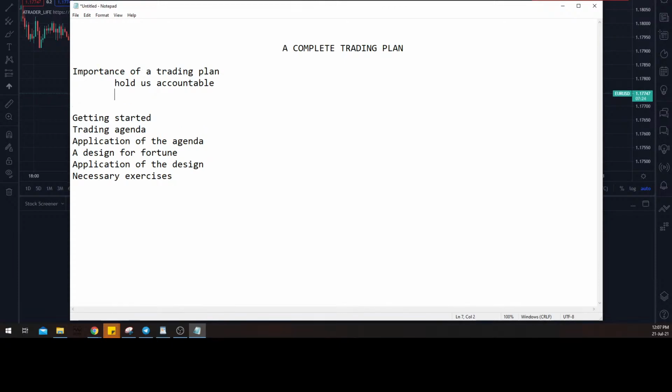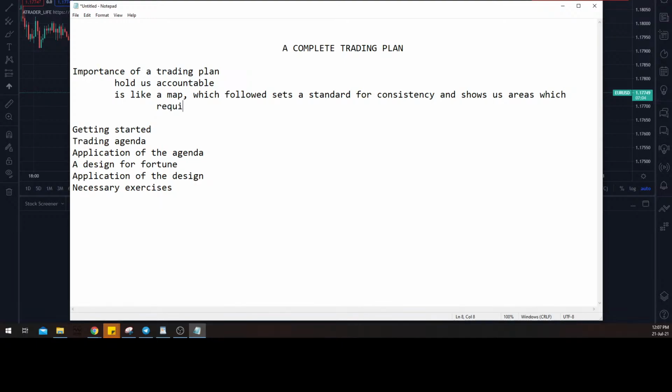At the same time, it's like a map which, when followed, sets a standard for consistency and shows us areas which require improvement. By having a plan, we can see what we are doing well and what we are doing wrong, and most importantly, which of these bad things we can improve so we don't repeat the same mistake again.